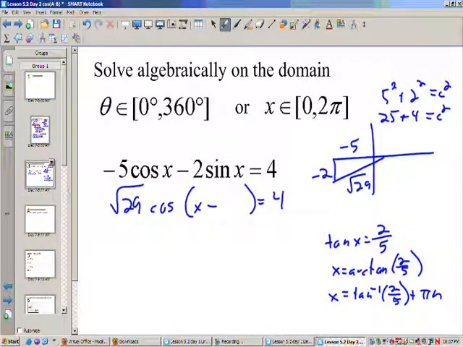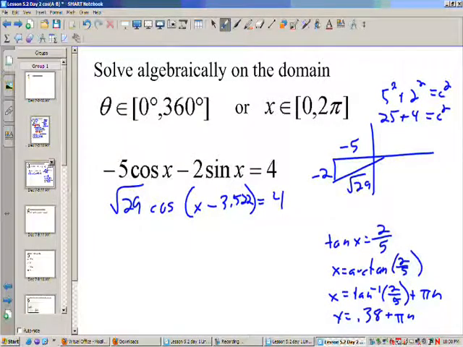The inverse tan of 2/5 is 0.38. So if I add pi n to that, we know 0.38 is going to be up here. So if I add pi to that, I get 3.5. So it's minus 3.522.